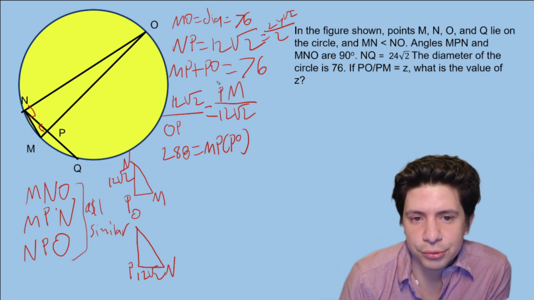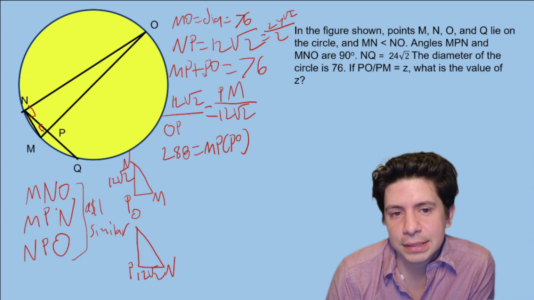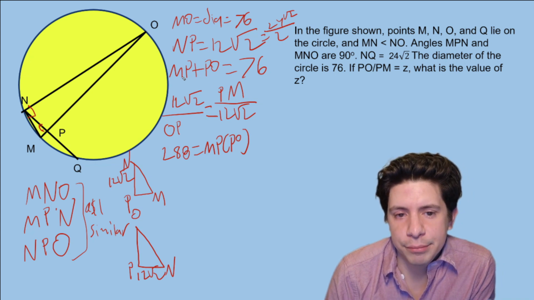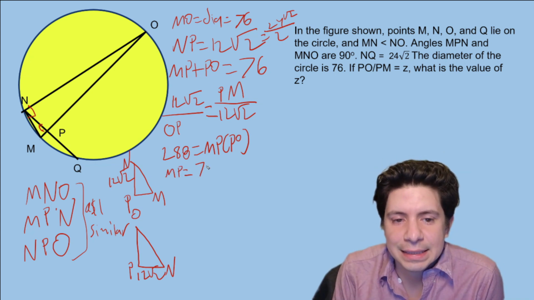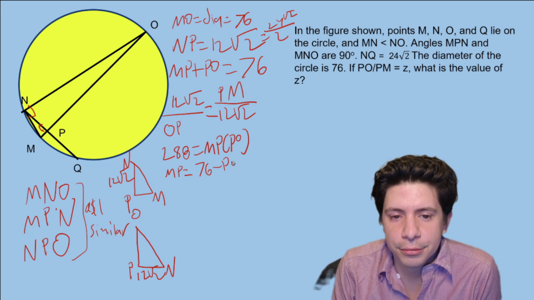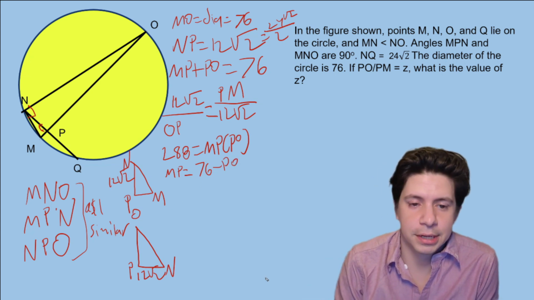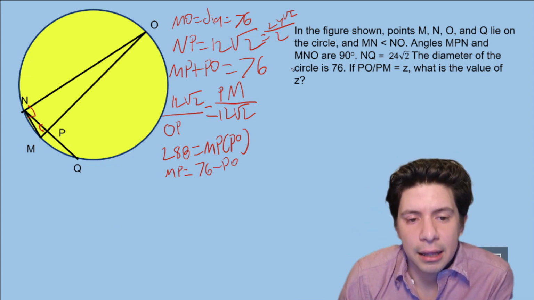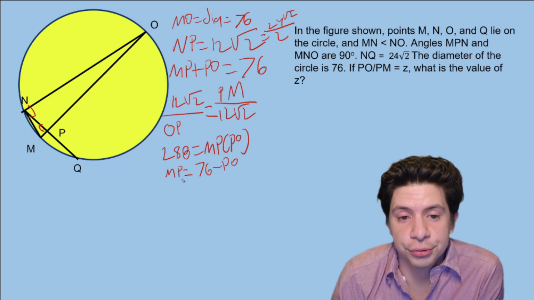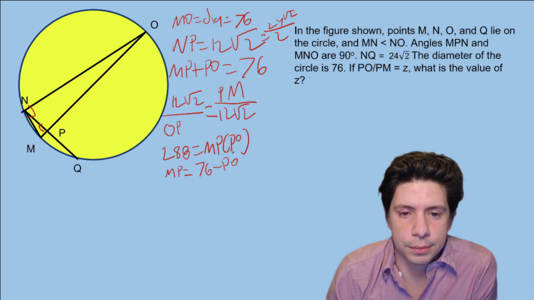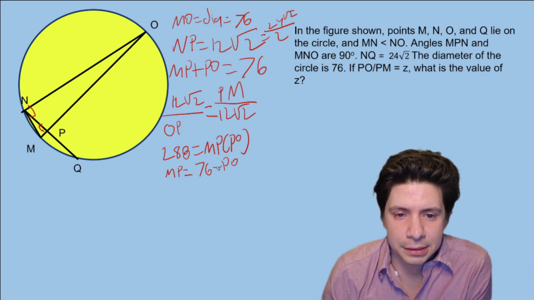So what can we do with that information, right? We can say MP equals 76 minus PO. And now we're going to plug that in there. So we're going to have, I'm going to erase a bit. Okay, so I'm going to plug this in to there.